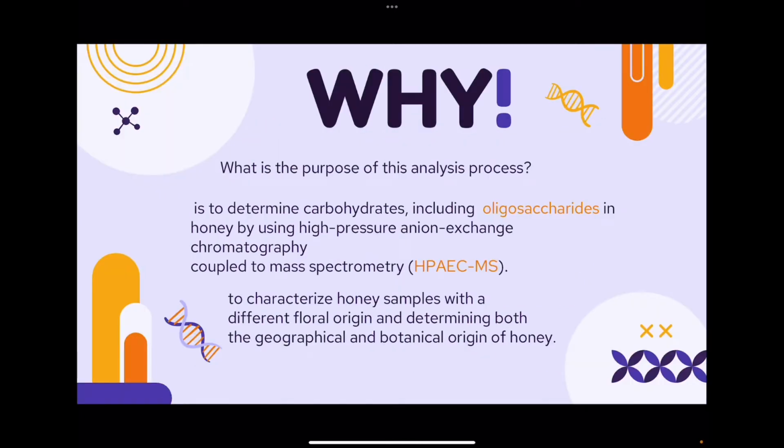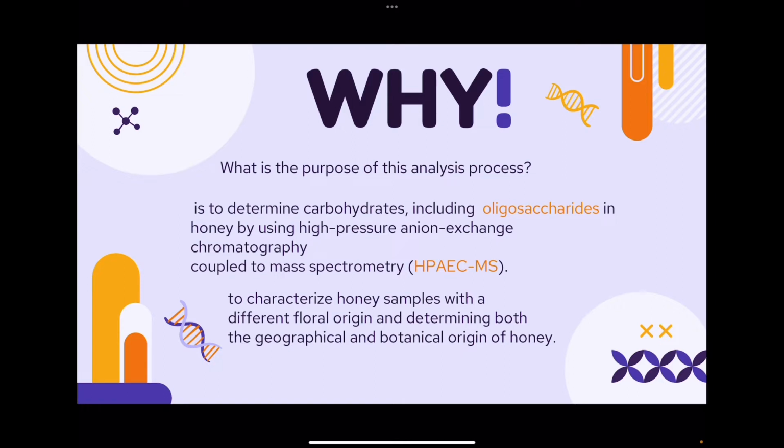So why do we do this analysis? And what is our purpose of this analysis process? There are many reasons for analyzing a sample of honey, and each study must talk about a specific reason. For example, there are studies to determine the amount of carbohydrates in the sample of honey, and other studies to analyze the validity of its use and the preservation material that are found in it.